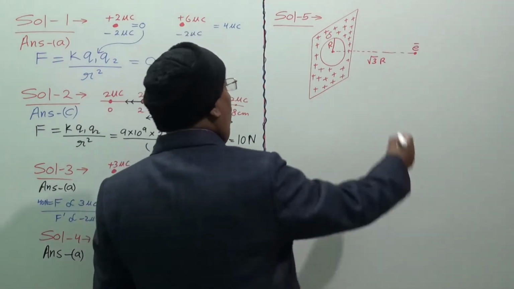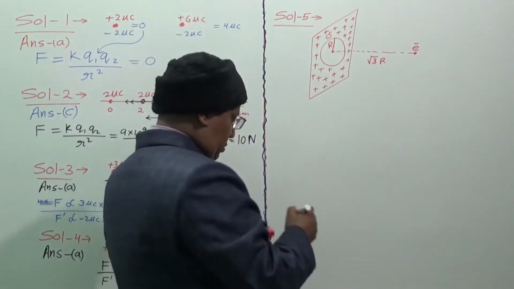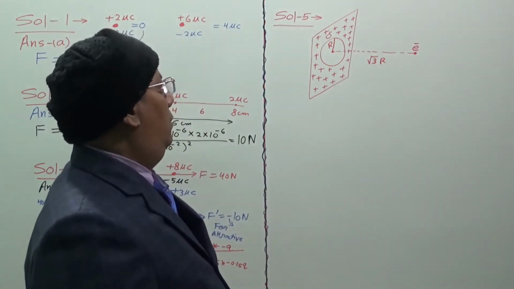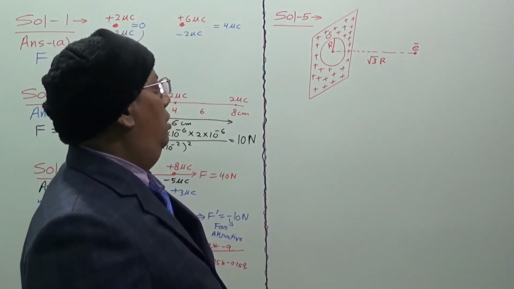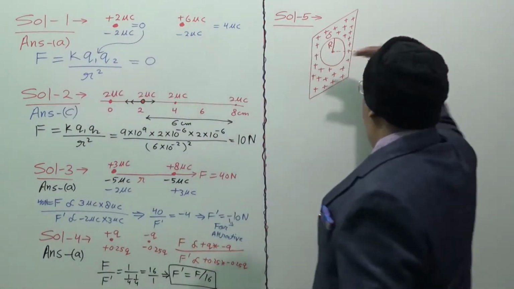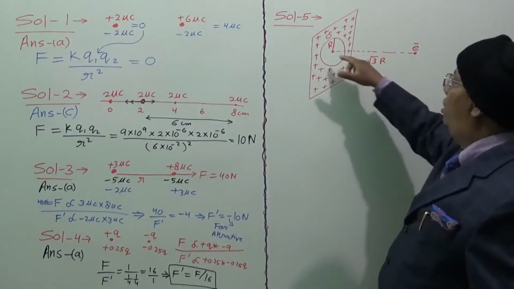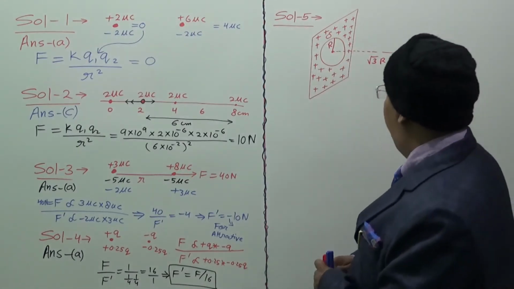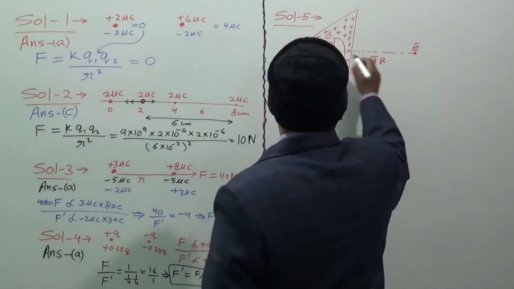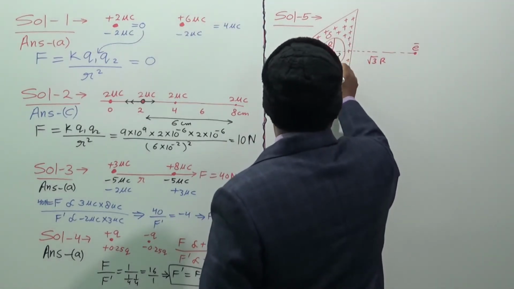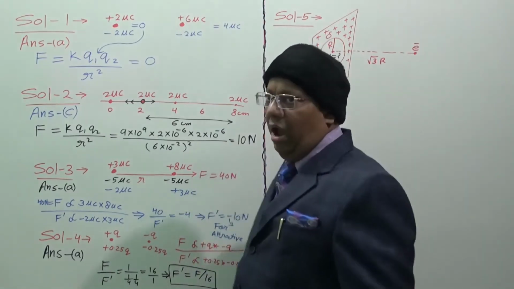So this electron must be attracted by the sheet, so it moves along the axis. When the electron reaches this point, what is the velocity and acceleration that is required?